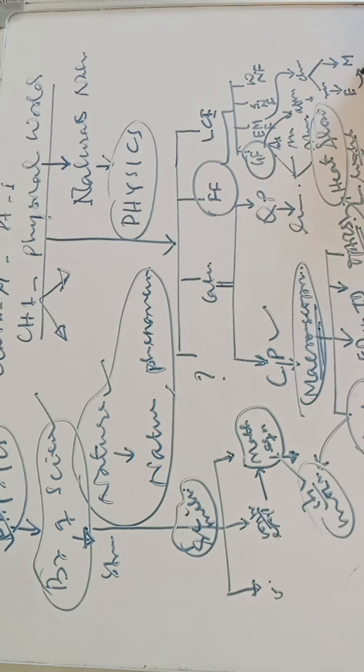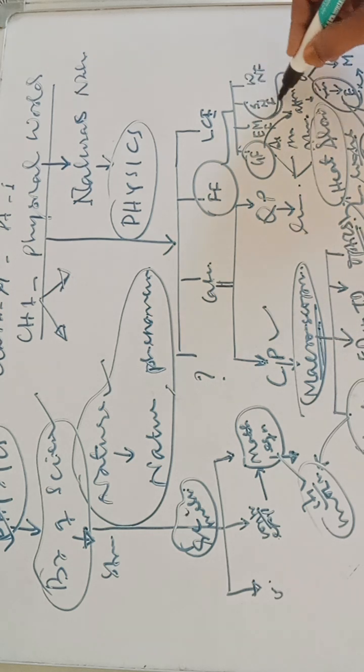Hence, it is related. The force due to static electric charge is either attractive or repulsive. If two like charges are there, it will be repulsive, and for unlike charges, it will be attractive.